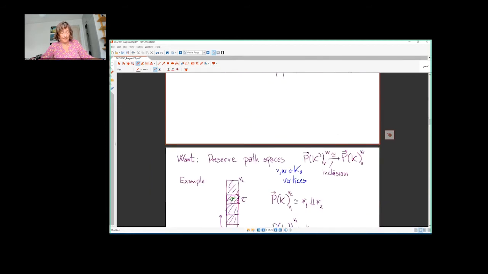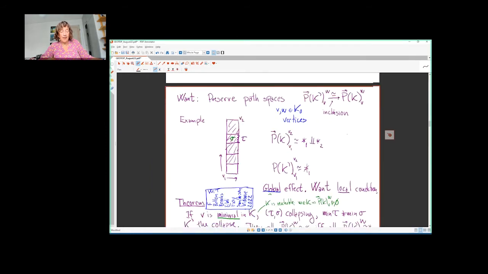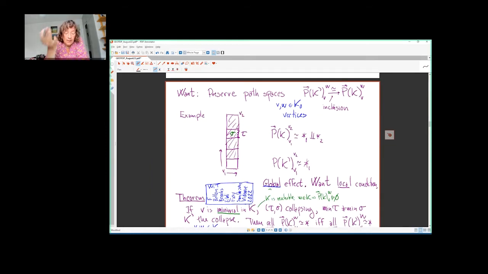So, yeah. I want to preserve path spaces from vertices to vertices, and I want to make sure that when I collapse stuff, these are preserved, right?